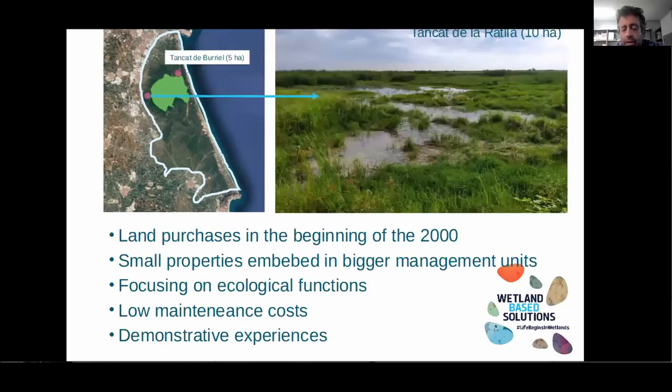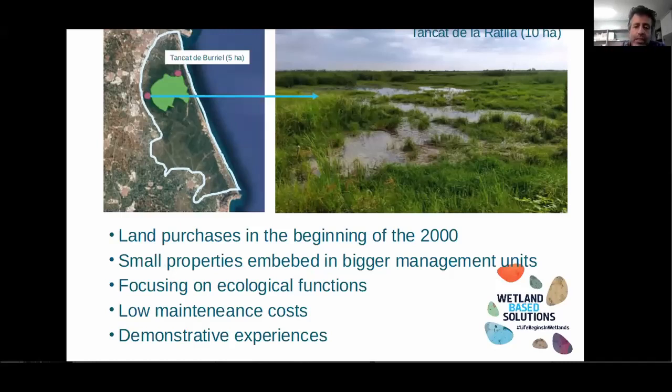Another strategy is to improve small wetlands. In this case, 2 properties of the regional government that were purchased at the beginning of the millennium, embedded in bigger management units for rice fields.